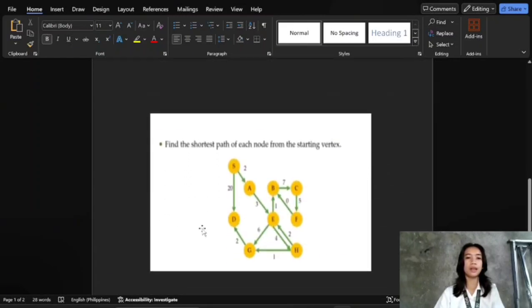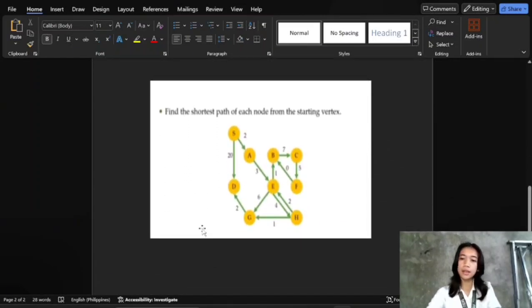Next is to find the shortest path. So find the shortest path of each node from the starting vertex.